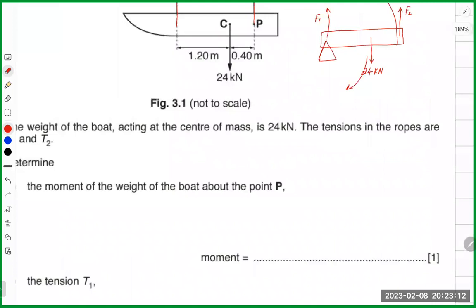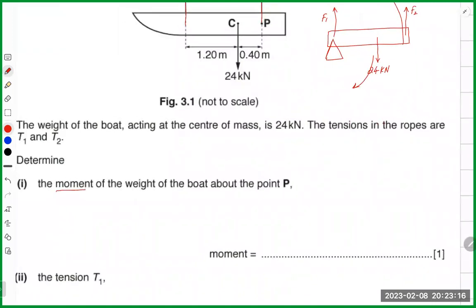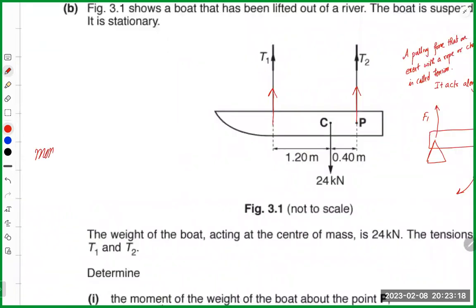Moment. What is the formula for moment? Moment equals force multiplied by distance from pivot. Pivot is the point about which the object can or will rotate.